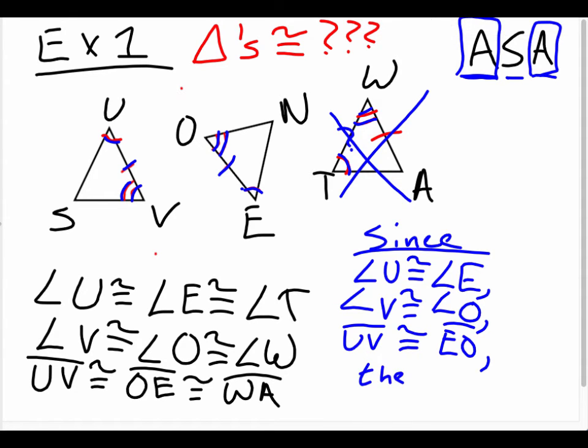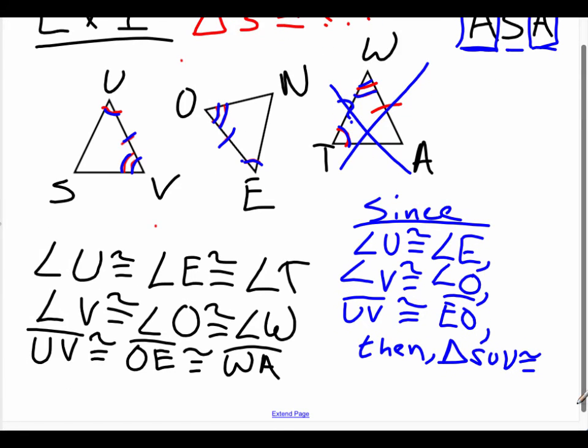Then triangle SUV is congruent to triangle NEO. Yeah, NEO. Does that make sense?